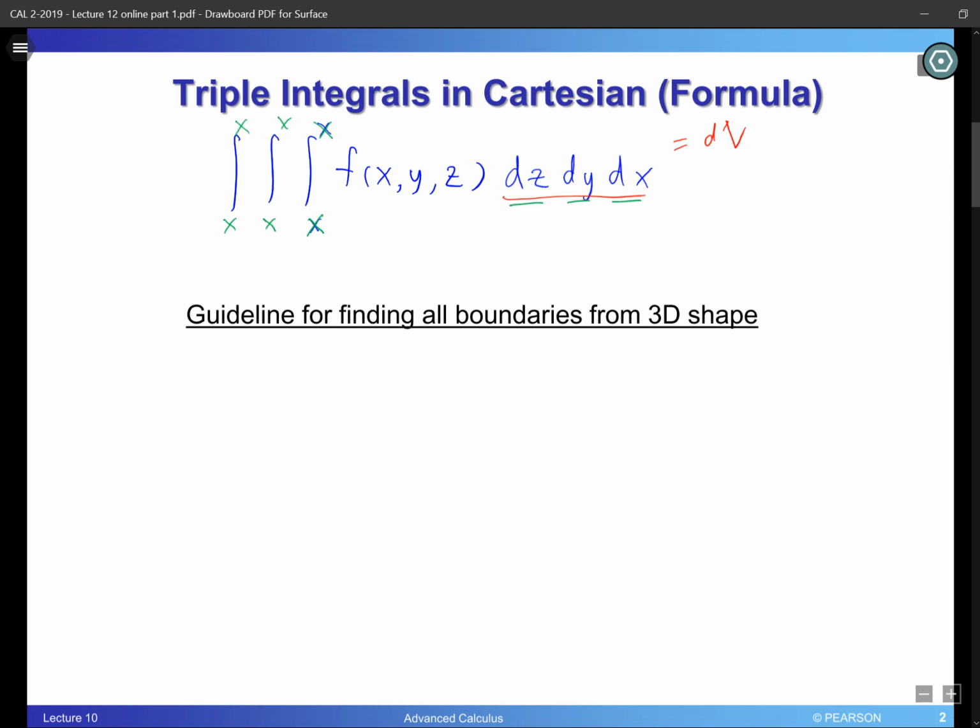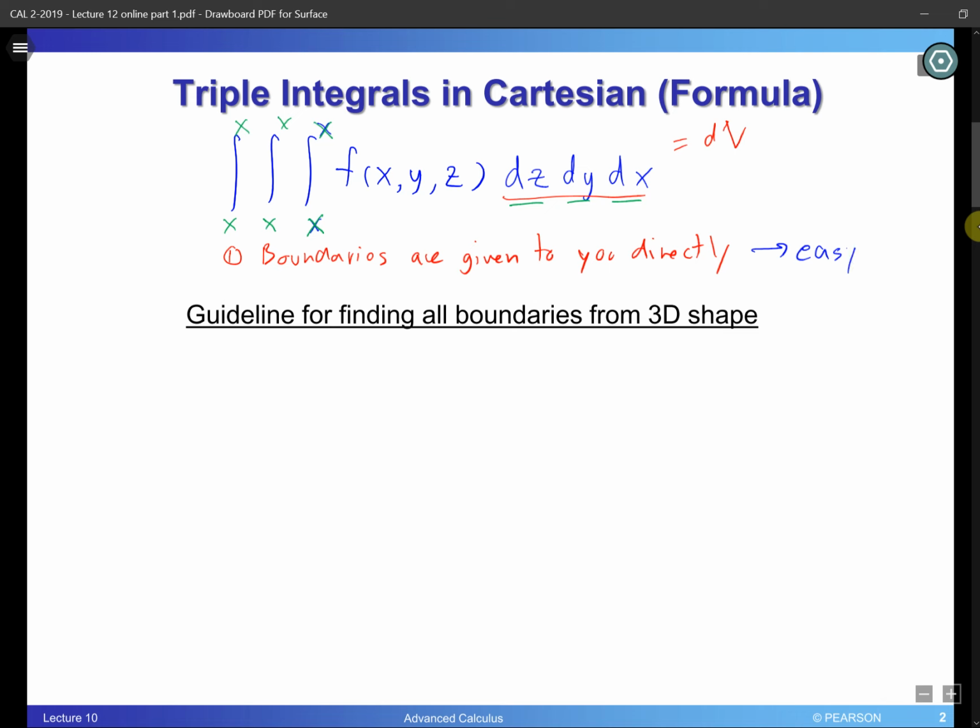Okay, so you are going to run into two cases. The first one, boundaries are given to you directly. And you are going to see this in an example. What does it mean to be given to you directly? Okay, and if it's in this case, it's going to be easy to solve, because you don't have to find out anything. You just perform the integration 3 times.